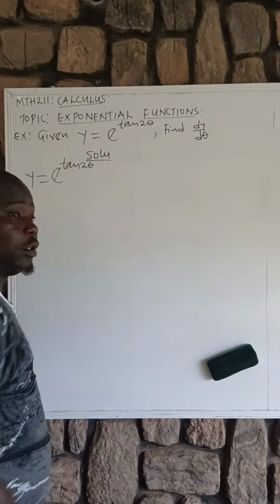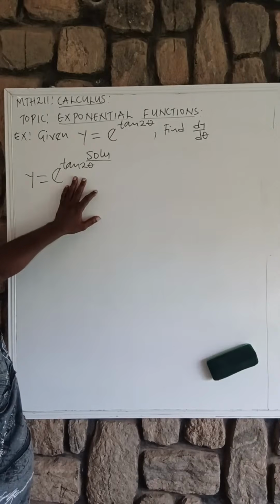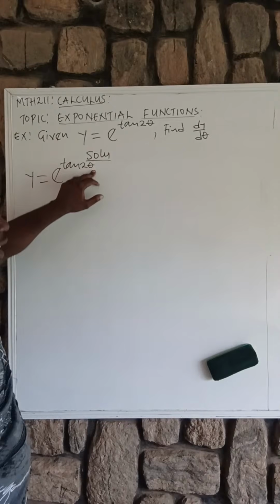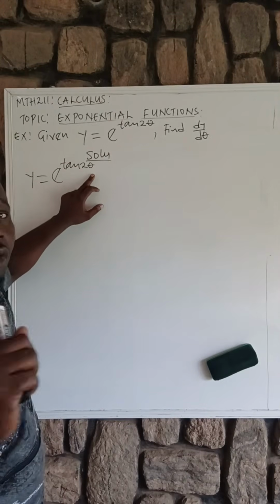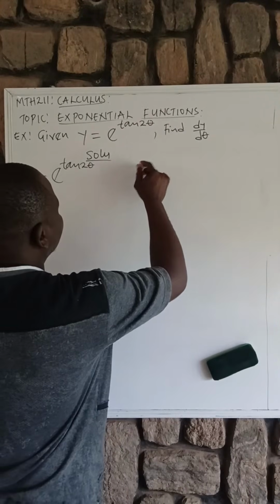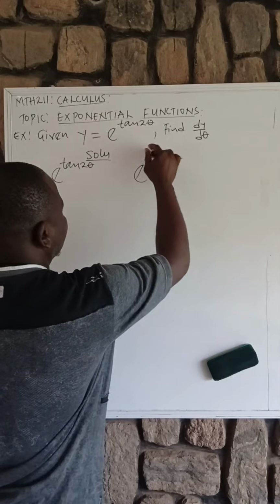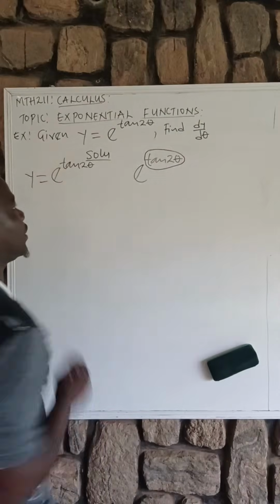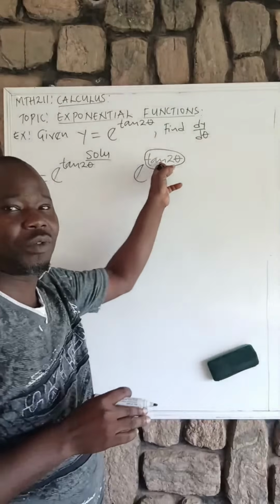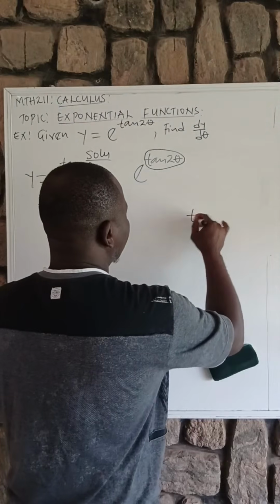Yeah, so just listen. These are exponential functions. So whenever you come across exponential functions of this form, exponential tan 2 theta, what you should consider is just concentrate on what is on top of the exponential. Take tan 2 theta to your rough book, then differentiate it.